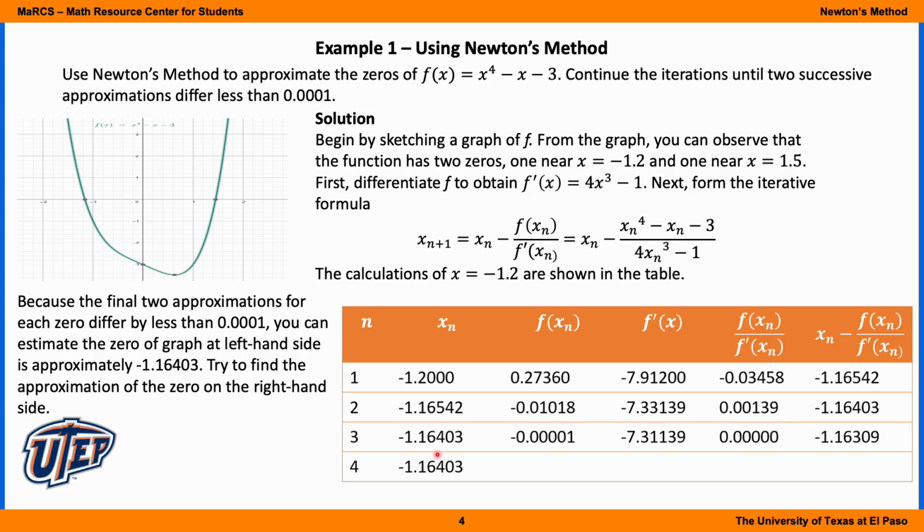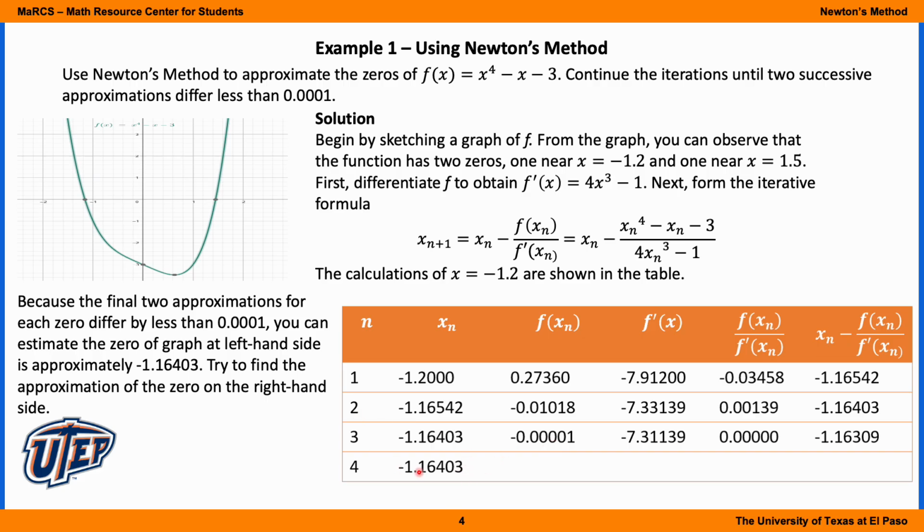And we repeat the process. Now this is our new x3, negative 1.16403. So we evaluate the function at that value, evaluate our first derivative, divide the function evaluated at that value by the first derivative evaluated at that value, and subtract it from our xn. Now we get this new x4, but we see that they are approximately the same.